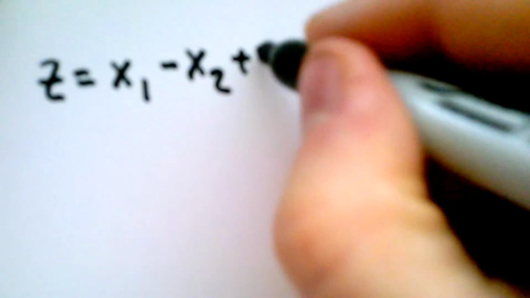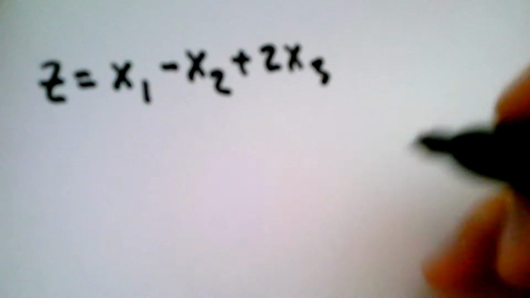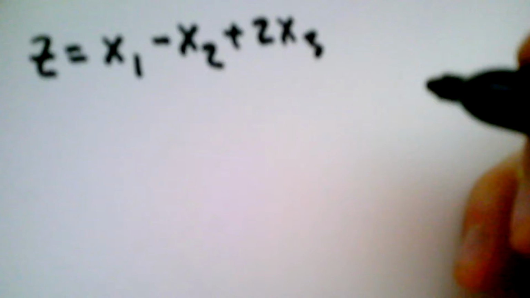So here we go. We have z is equal to x1 minus x2 plus 2x3, and now that we have this, we need our constraints.